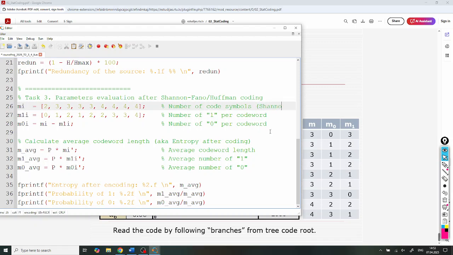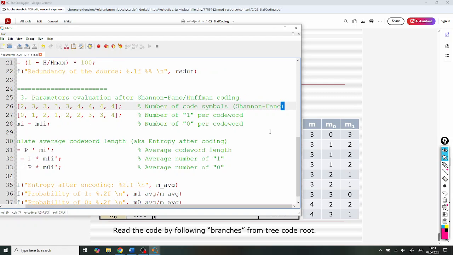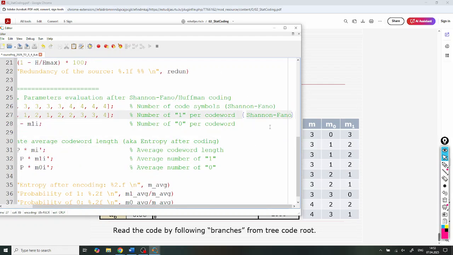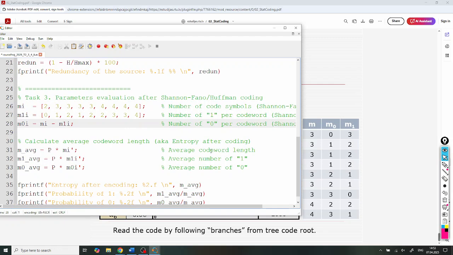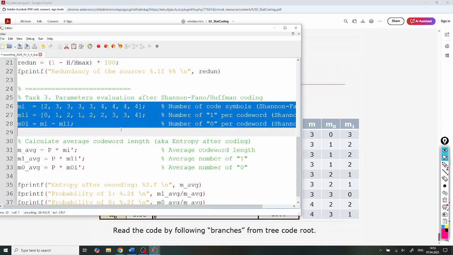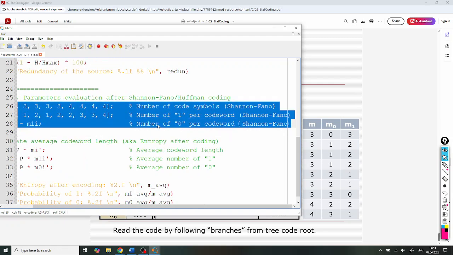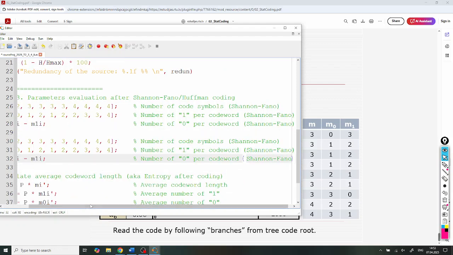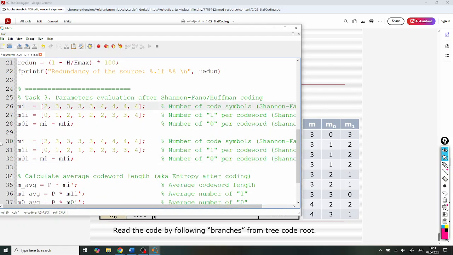Shannon-Fano. And the same ones I'm going to make for Huffman now by simply copying this entire stuff and commenting these lines.